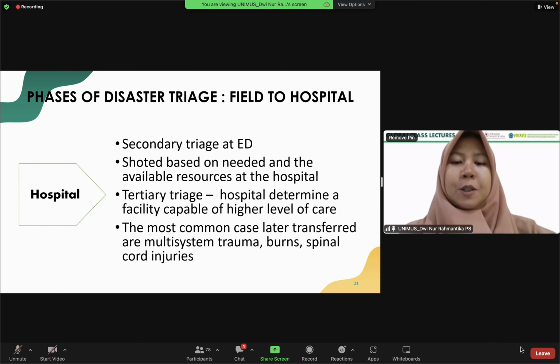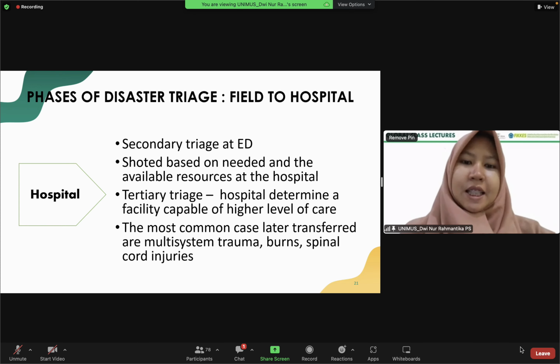So in the hospital, they should know what their resources are and what the patient needs. If they can fulfill the patient's need, they should solve it as soon as possible. But if they have limited resources, they should do the tertiary triage. What is the tertiary triage?